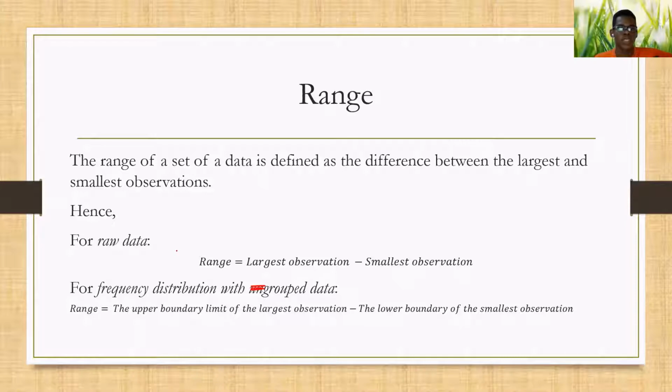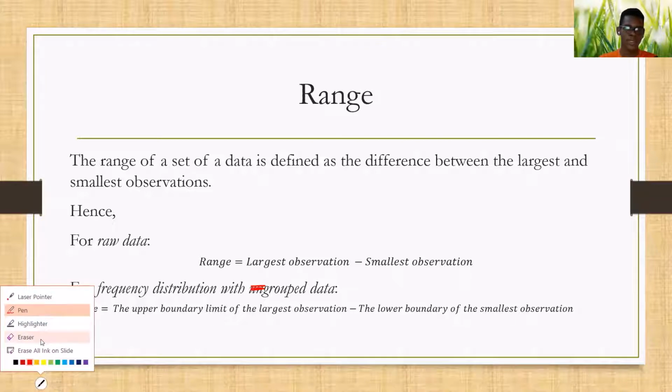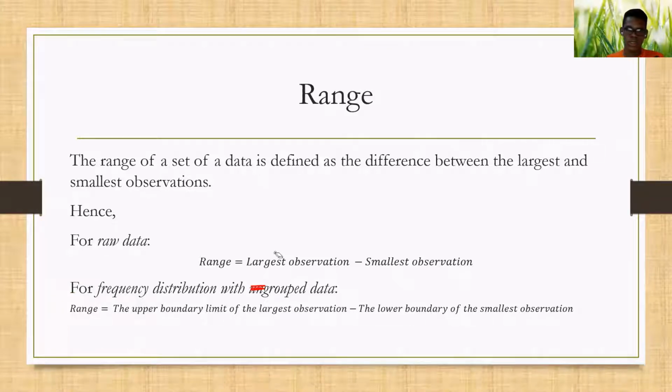So for raw data, we're going to go ahead and use range is equal to the largest observation subtracted by the smallest observation. Of course, the larger your range, the greater your values are dispersed, right? Keep that in mind. So the greater the range, the greater the measure of dispersion, right? The greater your data set is being dispersed, right? So this largest observation subtracted by smallest observation.